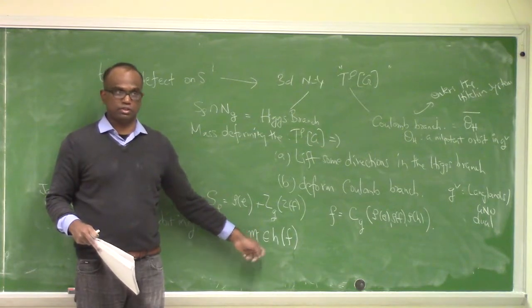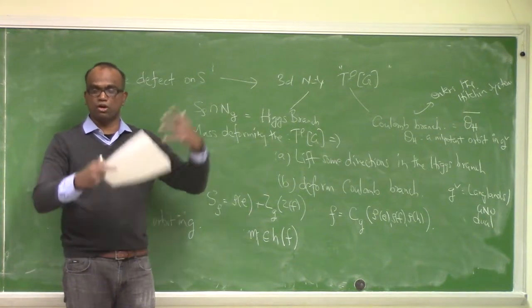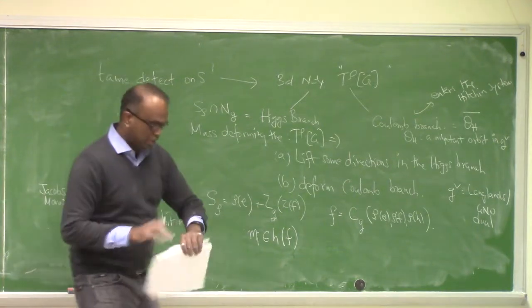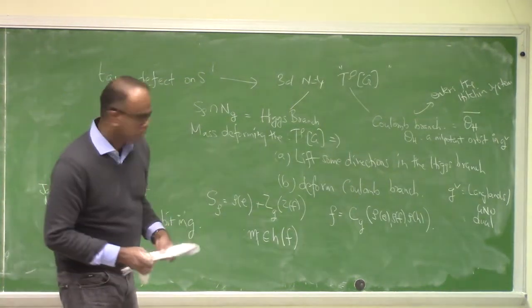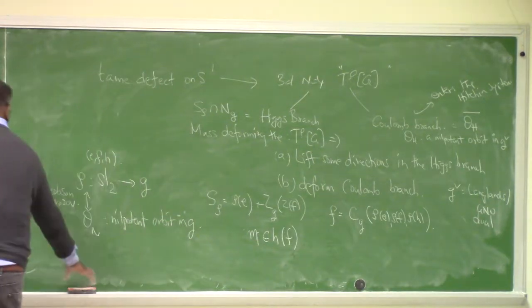You observe that there's always a unique solution. And that is the sheet that we would call the mass-deformed Coulomb branch.